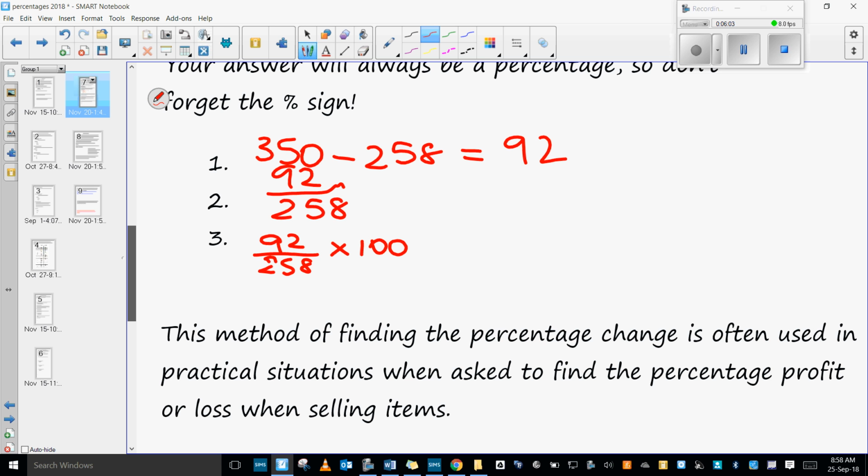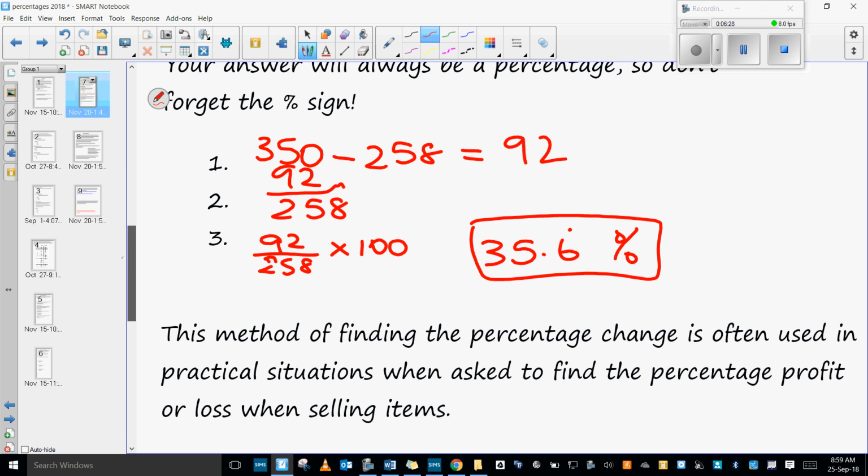I thought it was 9. Oh, I did 9 instead of 9. Oh, right, okay. 35.65 recurring. Just the 5 from recurring? Oh. 6 recurring percent. Okay, so that would be our answer.